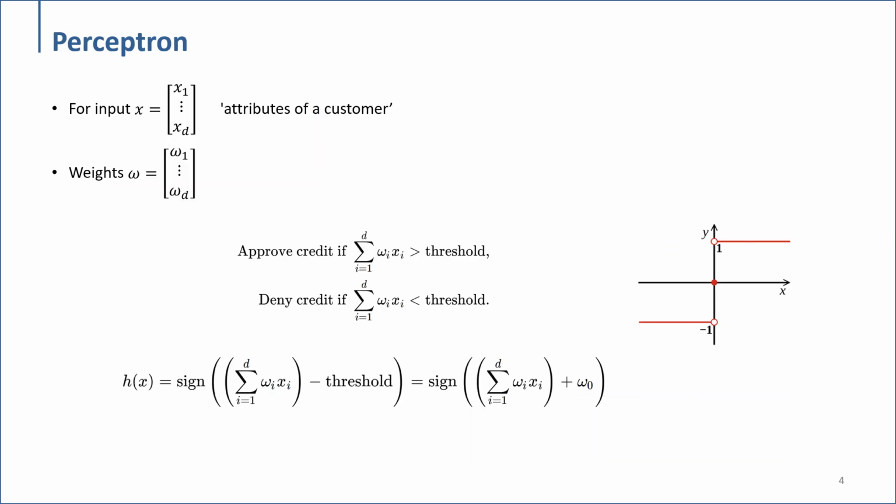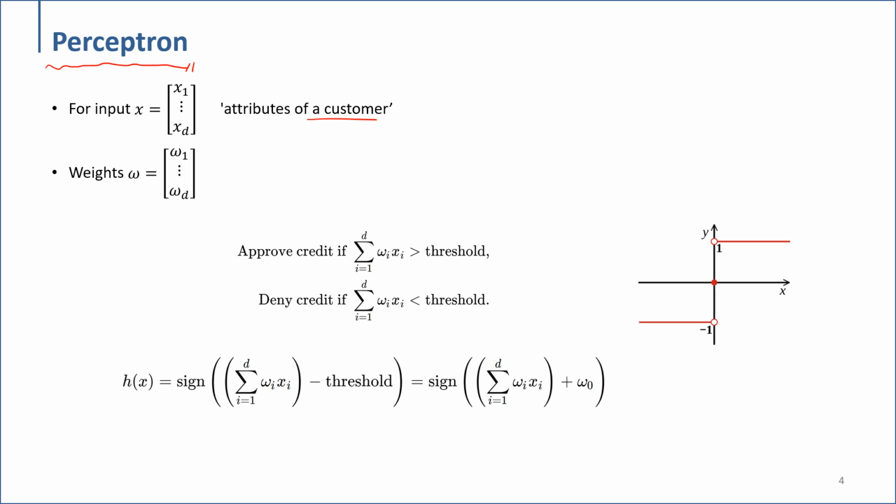So for that, let's first learn the very basic algorithm of perceptron. To understand the classification problem, let's take an example. Let's assume that you are an employee at a bank, and a customer comes to you to borrow some money.